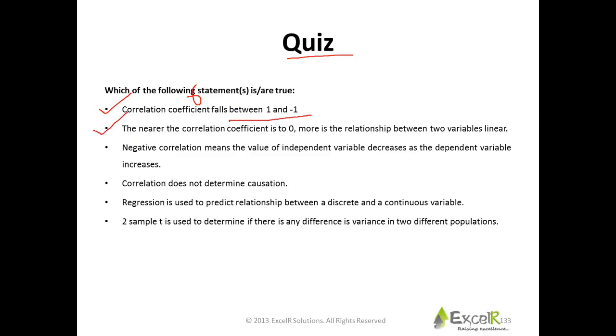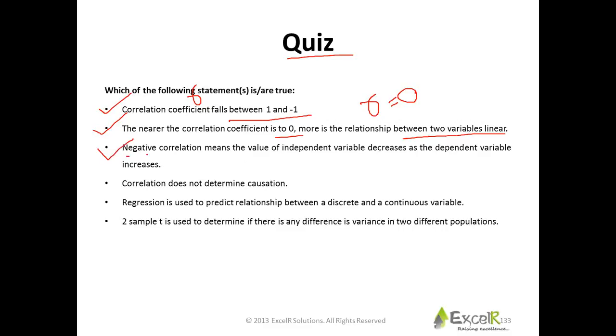The nearer the correlation coefficient is to 0, the more is the relationship between two variables. Is this true or false? No, this is false. If r is close to 0, that means there is no relationship between the two variables. Correct. If it is close to 1 and -1, then there is a relationship.